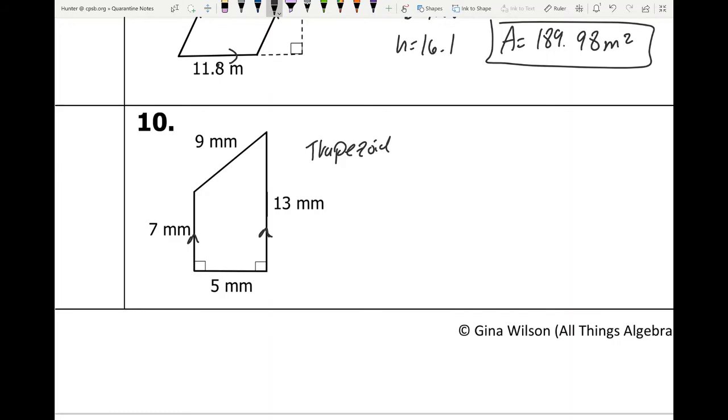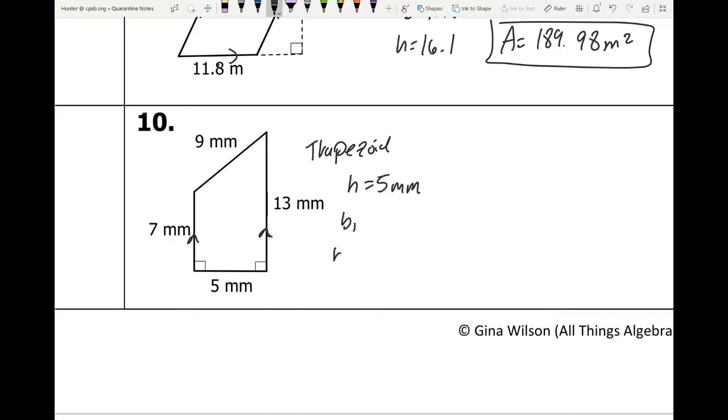So I'll set you up with your bases and your height. Our height is always a line that is perpendicular to both of the bases. We've already got that right here. This side, which is 5 millimeters. So I know my height is 5 millimeters.